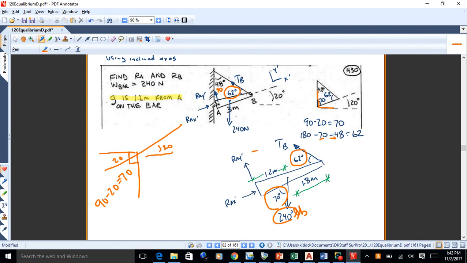So I can generate that free body diagram, and then I can just do the same process. I can take a moment about A, and this will go a little easier, one less term. Instead of 3 terms, I'll only have 2. It's kind of like that one homework problem we did with that inclined bar that had forces on it, finding the moment, same thing. Okay.